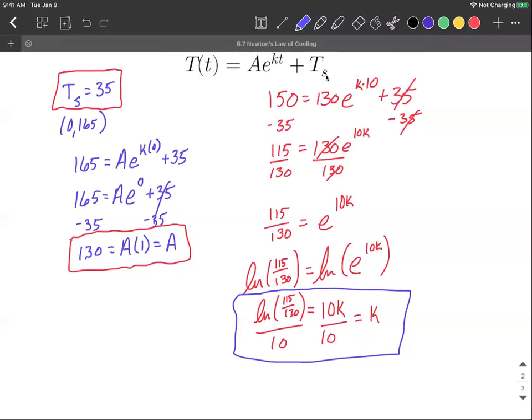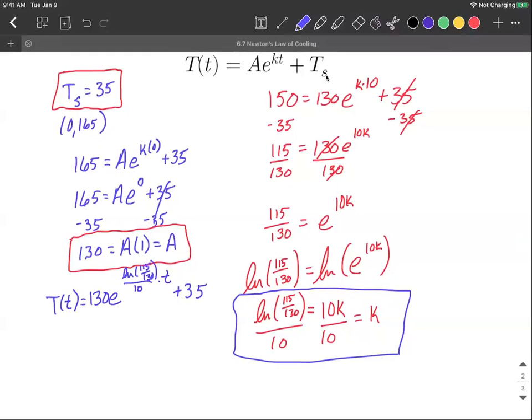Let's go with T of t equals A is 130, e raised to the, I know it looks weird, natural log of 115 over 130 divided by 10 times t plus 35.